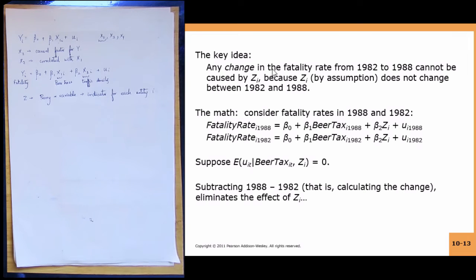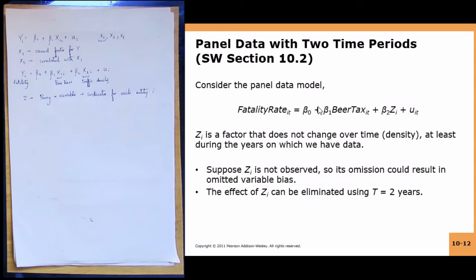Any change in the fatality rate from 1982 to 1988 cannot be caused by ZI, because ZI by assumption does not change between 1982 and 1988. So basically, any change in the fatality rate of the ith entity over time cannot be caused by ZI, because ZI does not change over time.